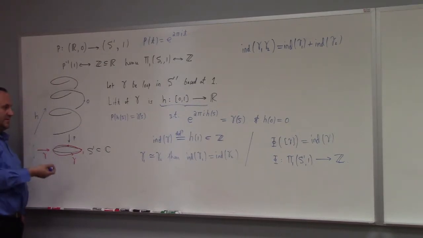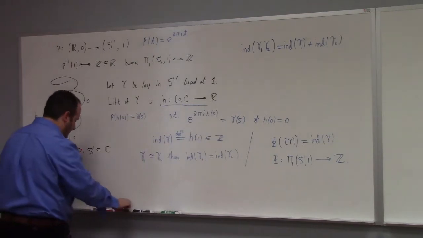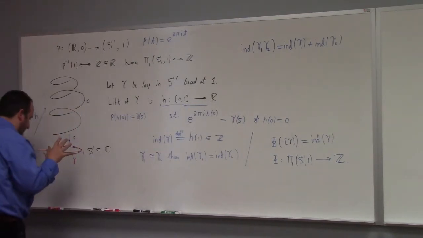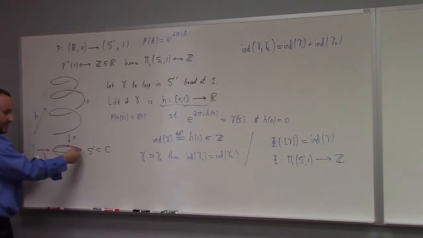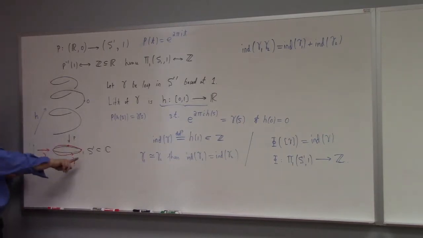Let's work through it. Let's suppose that we're looking at the specific loop that goes counterclockwise around the circle one time. So if I can draw it, it starts here, goes counterclockwise all the way around just the once.